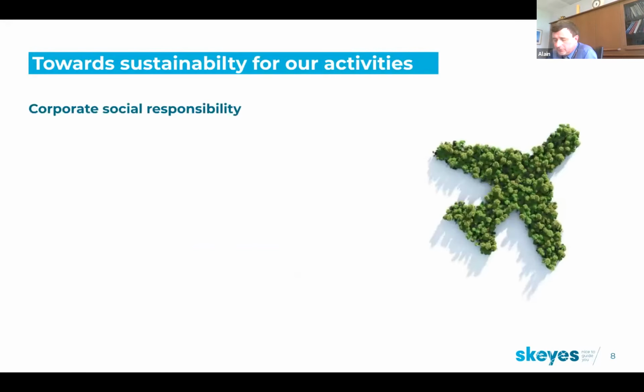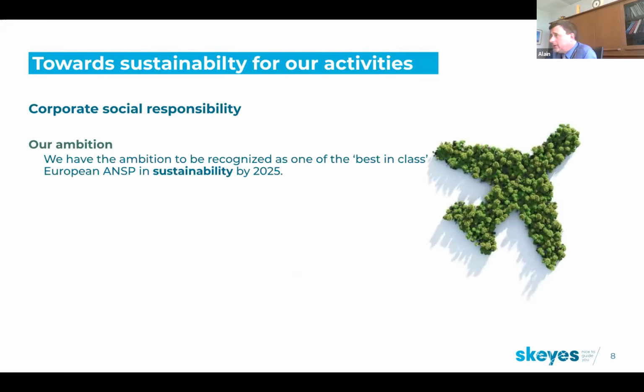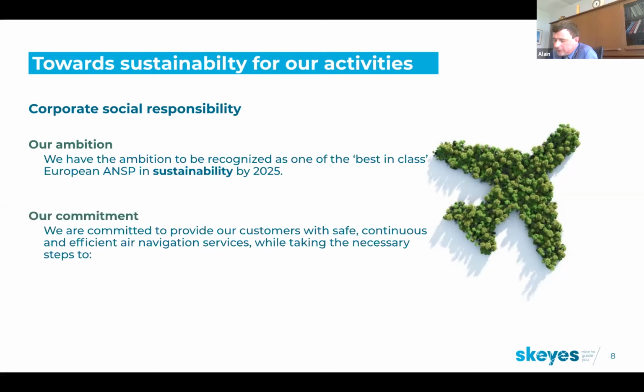And then, of course, we also have a strong corporate social responsibility strategy and roadmap, because we have the ambition to be recognized as one of the best-in-class European ANSPs in sustainability by 2025. ANSP means Air Navigation Service Provider. Our commitment is, of course, to provide safe, continuous, and efficient air navigation services, but we also want to integrate sustainability in our day-to-day activities.